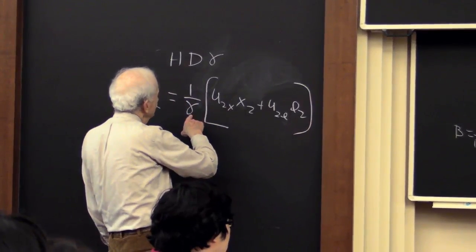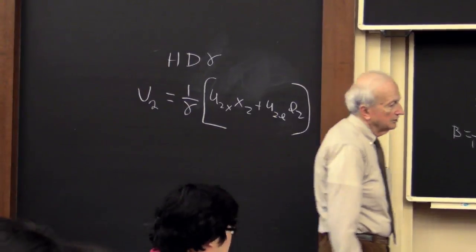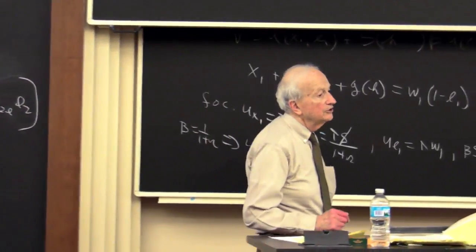With constant returns, gamma is 1, and this is simply the usual Euler adding up equation, right?